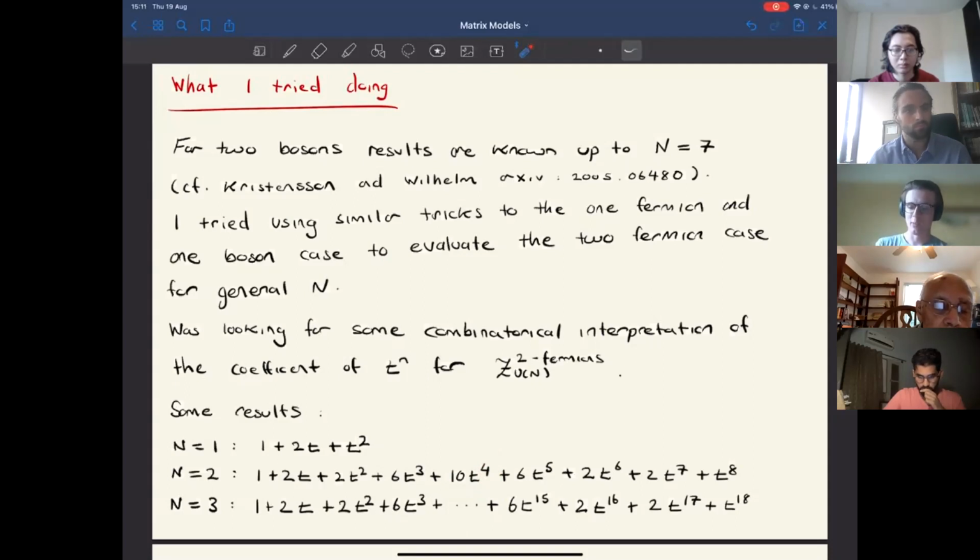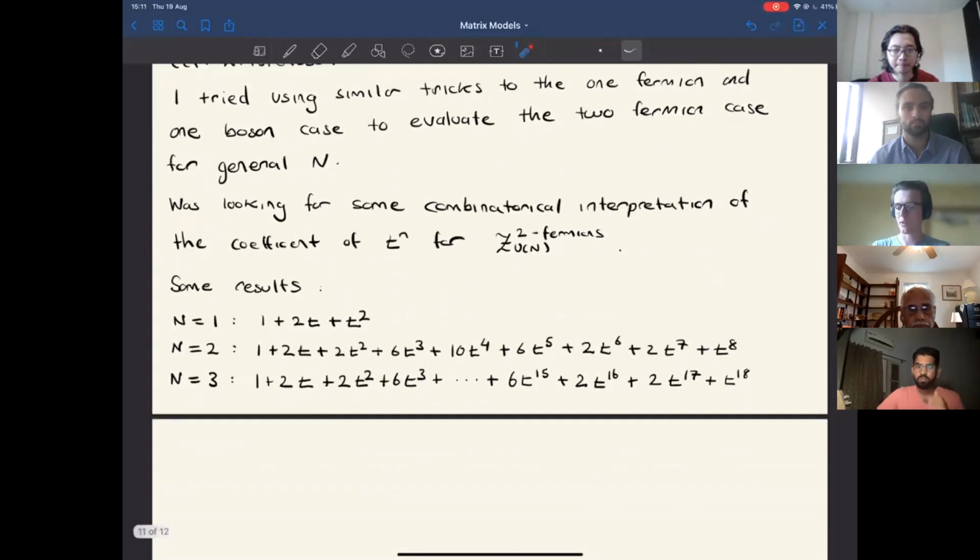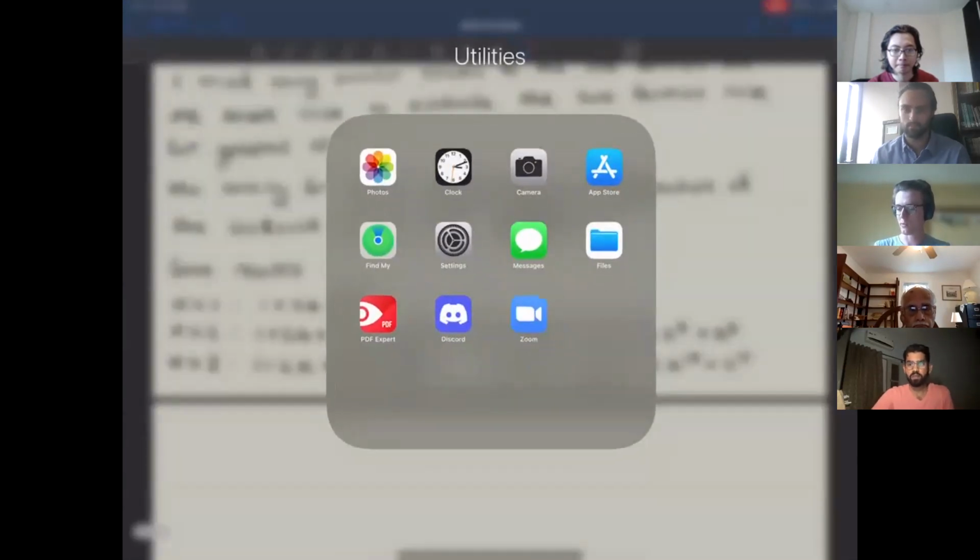But that's not possible, because if it was, then that would be some subset of partitions of 1, and there's only one partition for 1. So yeah, that was what I tried. So that's the end of my little talk. So I'll pass it back over to Prateek.